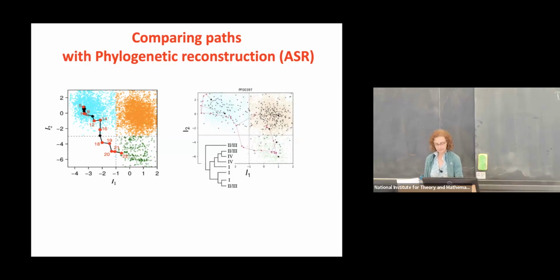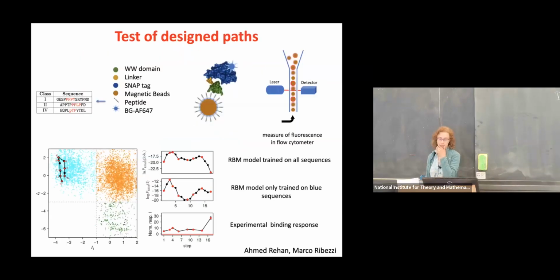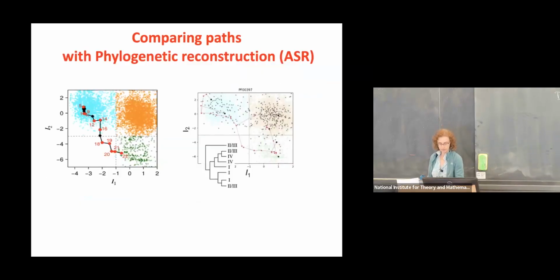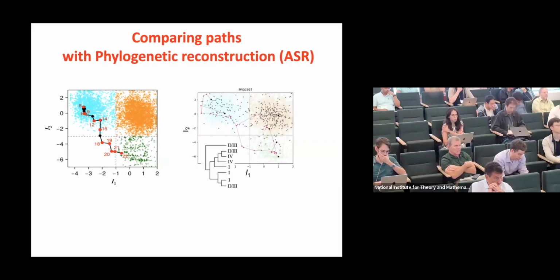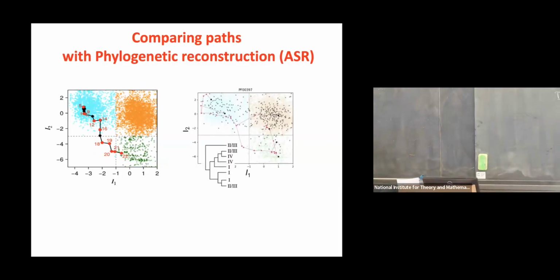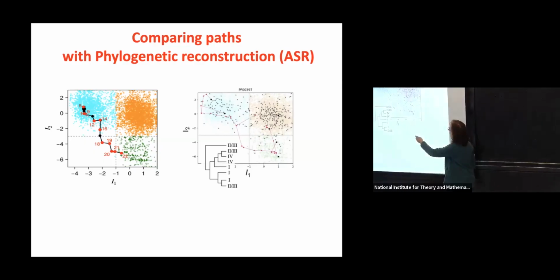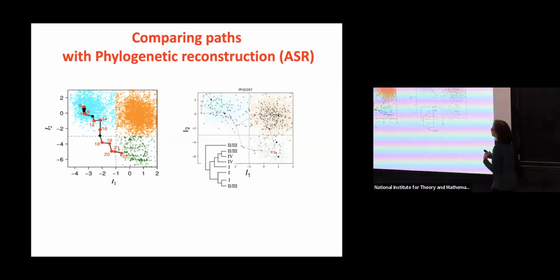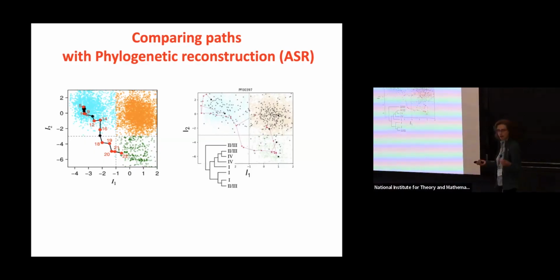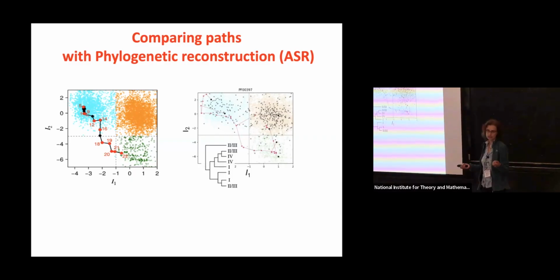And then we have roughly the total number of mutations along that path. What we designed, the total number of mutations, we tested 22 mutations. It was of the order of the length of the sequence. So basically, you mutate one amino acid at each step.